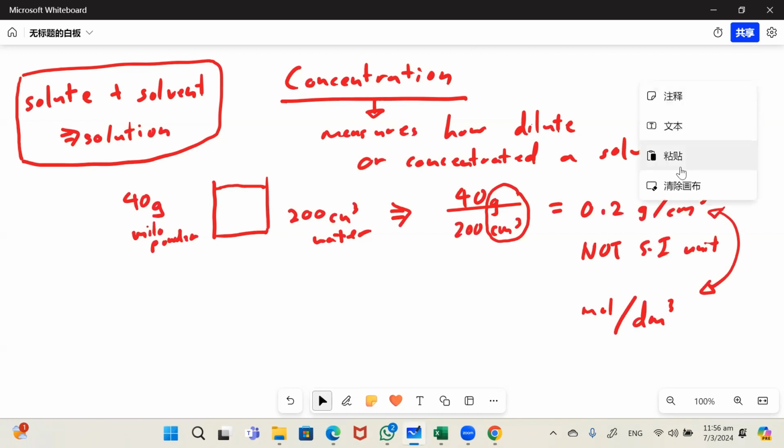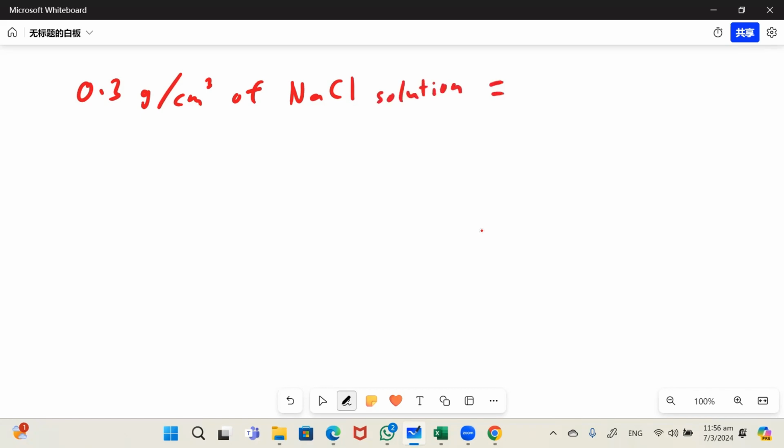Now let me give you an example of how to convert it. For example, 0.3 gram per cm cube of sodium chloride solution is how many mole per dm cube?